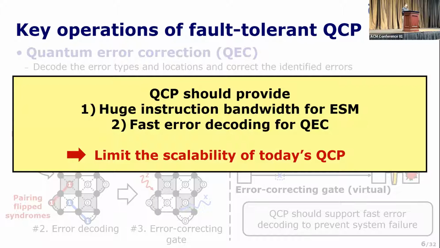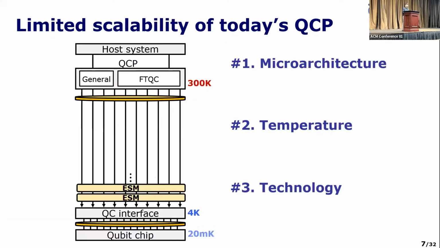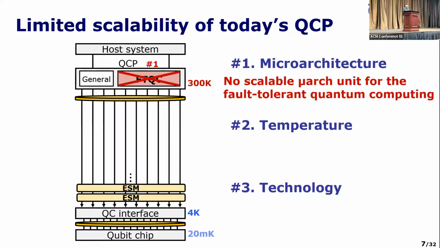In summary, quantum control processor should provide huge instruction bandwidth and fast error decoding. However, the two requirements limit the scalability of today's quantum control processors. Specifically, today's quantum control processor is not scalable for three reasons. First, there is no scalable microarchitecture for fault-tolerant quantum computing.